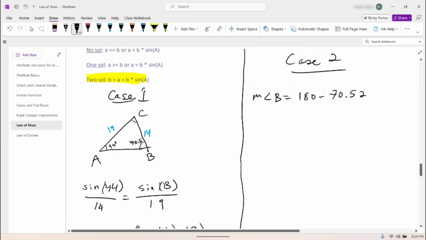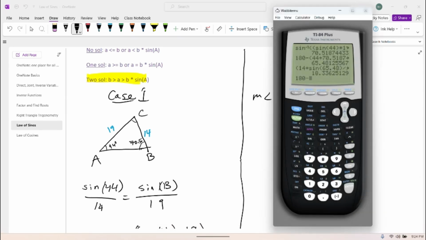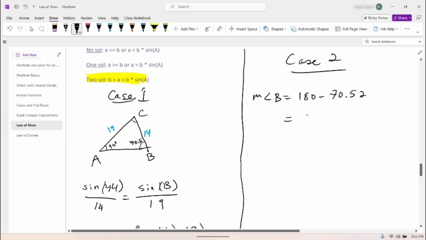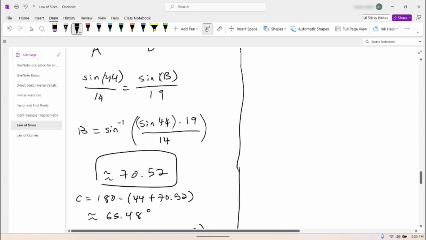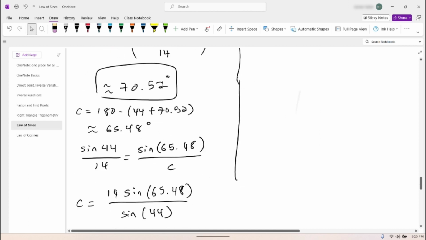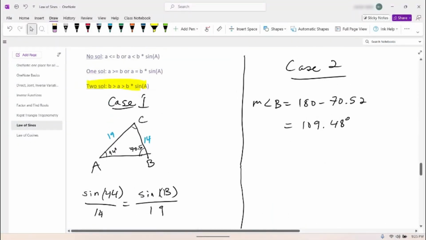Using a calculator, the other angle for B is 109.48 degrees. Let me see if I put the degree symbols. This needs a degree symbol here, and I have the degree symbol for A. Okay, so that's the other condition.